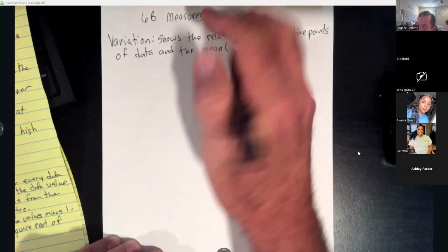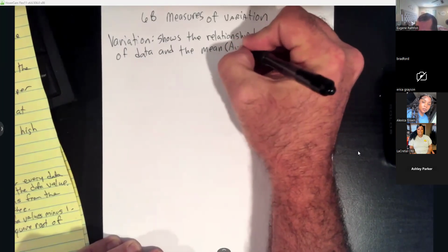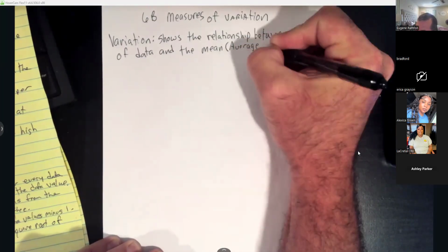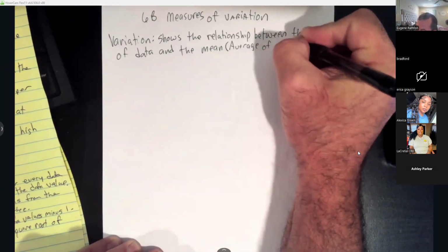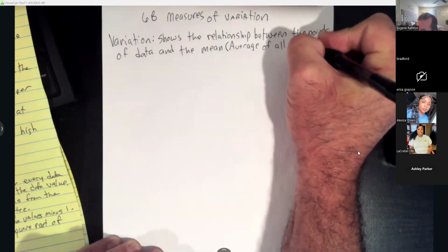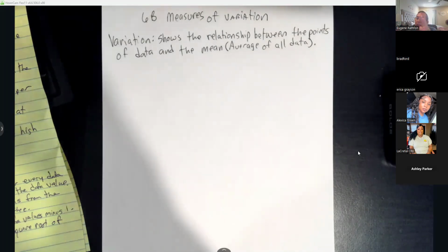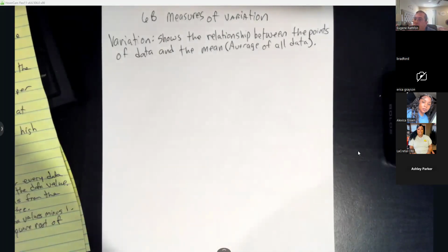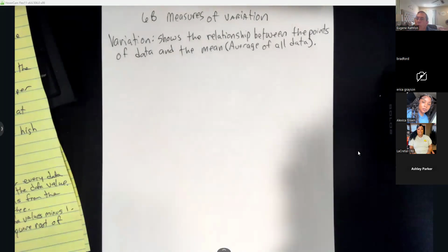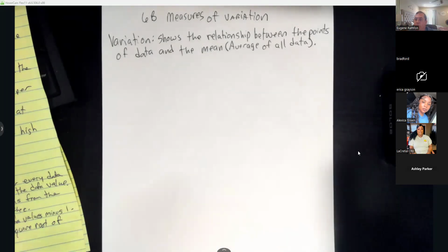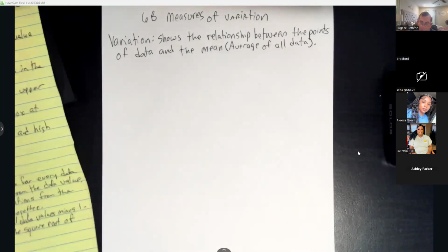And y'all remember, the mean is the average of all data. So is our data points clumped around the mean, or do we have data points that are spread out across the data? Okay. All right.